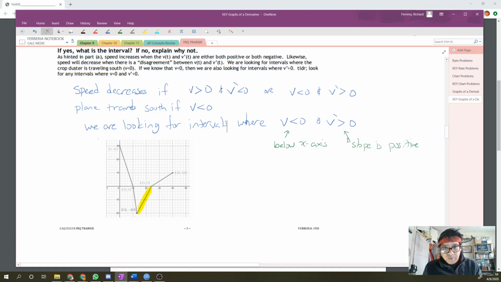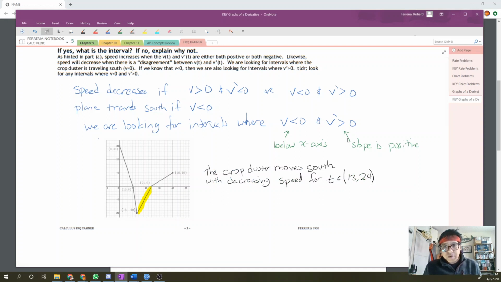Or to summarize again, that is a place where the crop duster is moving south with decreasing speed, for t between 13 and 24. So that's all of those questions that we had to deal with.